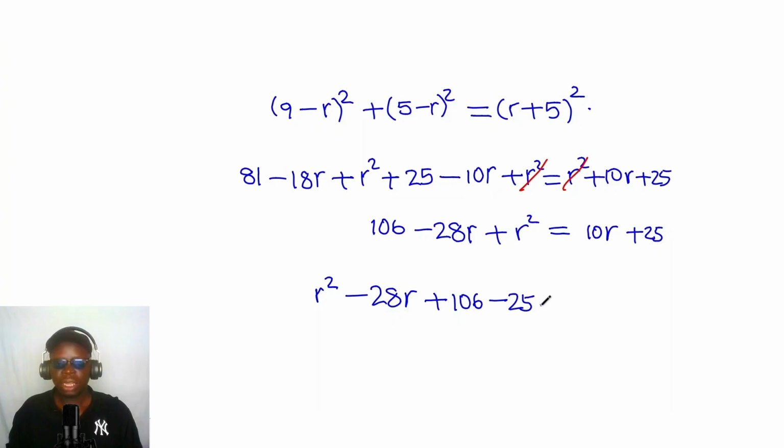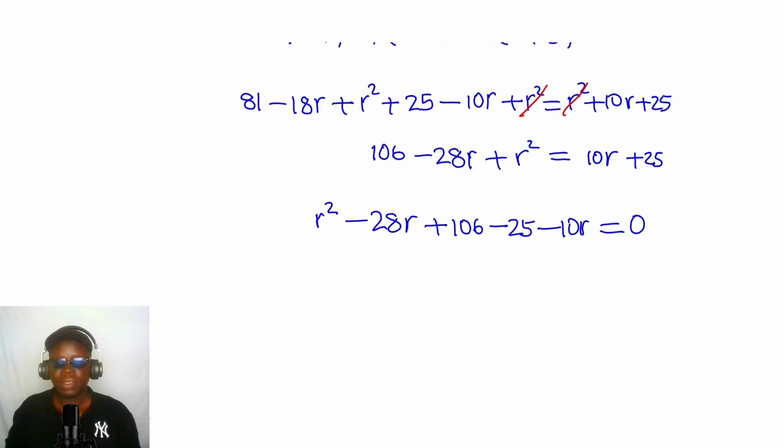We also bring in, we forgot to bring this before, but there's no problem, equals to 0. So let's get more space and say our R square goes to negative 38R, so we say plus 81, and this is equals to 0.